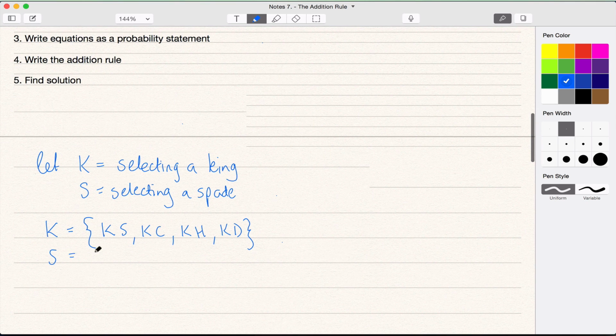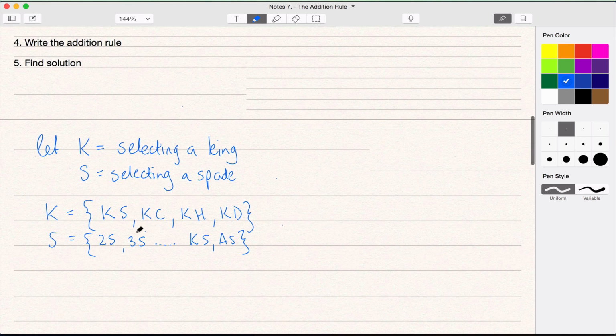If you're selecting a spade, you could get a 2 of spades, 3 of spades, all the way up to a king of spades and an ace of spades. You might be okay with just keeping this in your head, which is fine, but sometimes you might get a problem that is a bit more complicated, and it can be useful to write out all the different sets there.